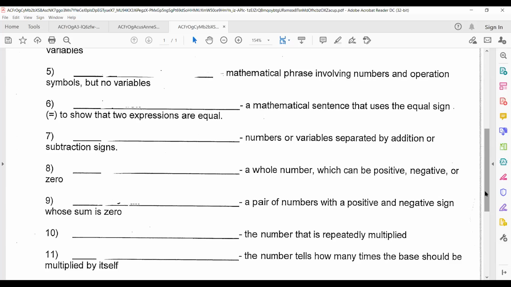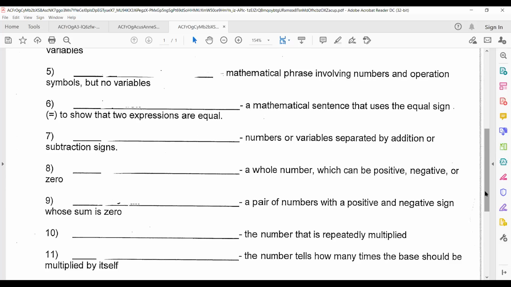So if we have a big 6x minus 3y plus 12 equals 29, 6x is a term. Minus 3y is a term.